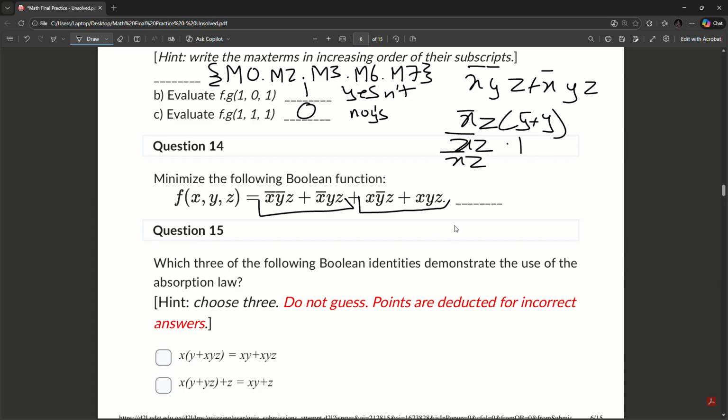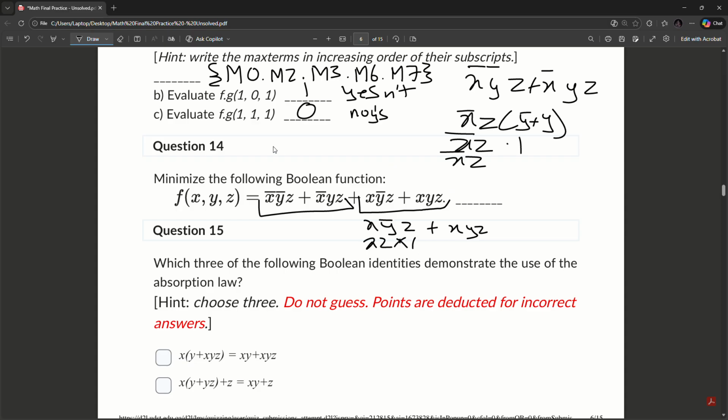And now for the next part, x, y, z plus x, y, z. It's the same as the first half. Y complement is the only thing that's different, so you take that out, because y complement plus y equals 1. So it's literally just x z times 1.